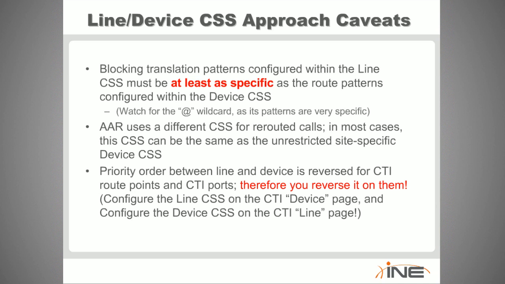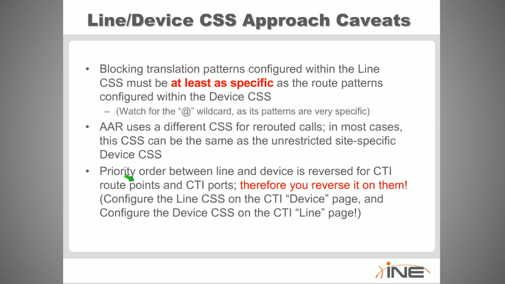And then this is something very important to keep in mind, which is that the priority order, the ordering of the partitions within the resulting concatenated CSS between line and device, is actually reversed for CTI route points and ports. Okay? This is actually the way they all were. So device partitions are ordered higher than the line partition. This is the way all devices were before Call Manager 3.1, so 3.0.